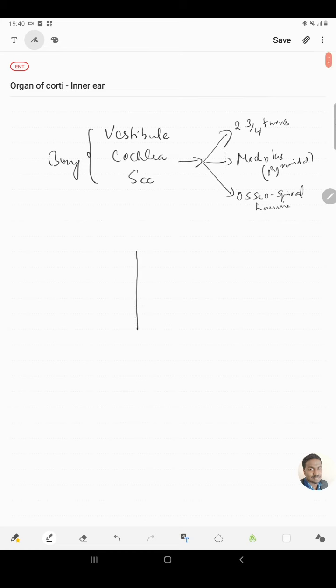So it is the modulus, this osseospiral lamina, and over it the turns of the cochlea. This is the cochlear turns, this is the osseospiral lamina, and this is the modulus. What attaches to this osseospiral lamina is the basilar membrane.